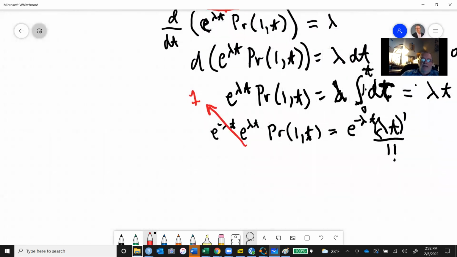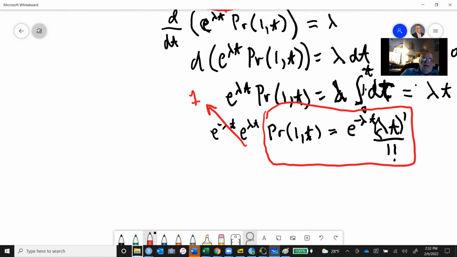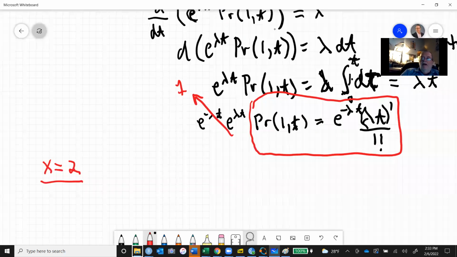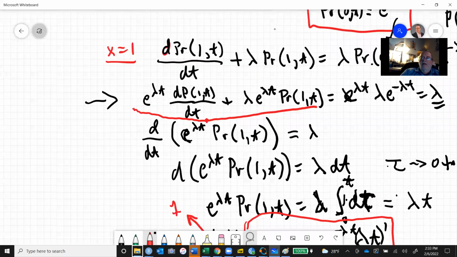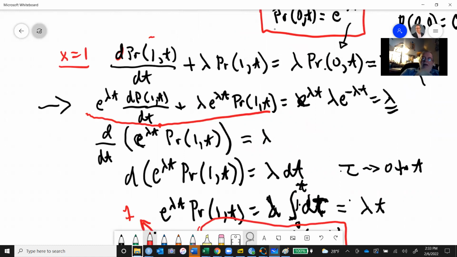Now we're going to use this formula for x equals 1, x equals 2. I hope you can see what happens here. That is 2, that is 1.